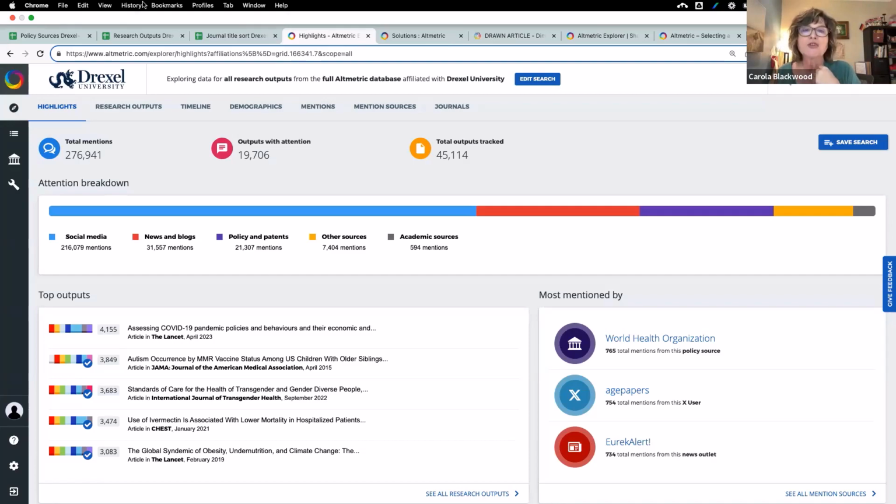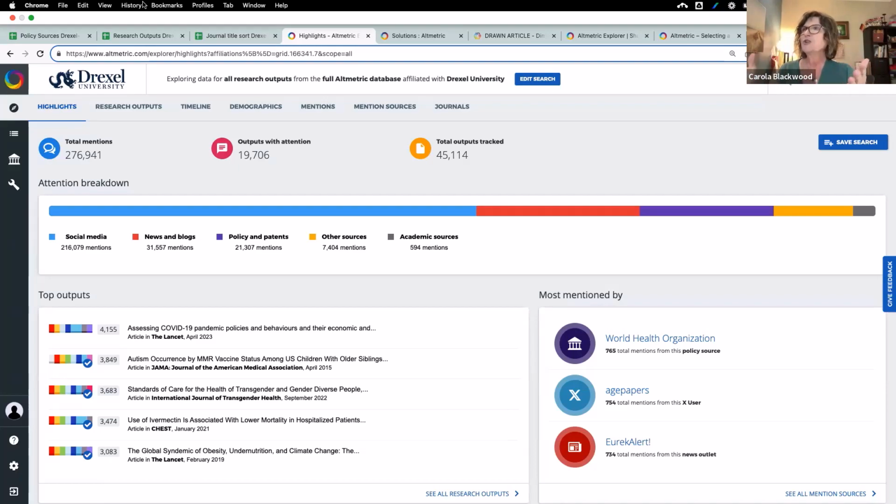As for the best way to benchmark engagement with your outputs against the outputs of your peers, I just did a session for UNC Chapel Hill on peers, and the APIs are really the best way to pull that data out, and then you can populate whatever way that you use your APIs.